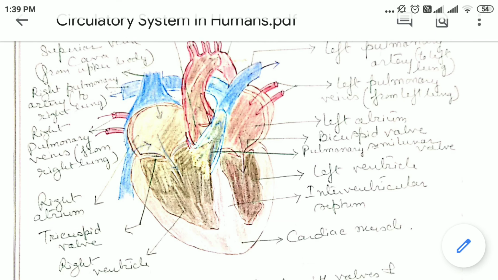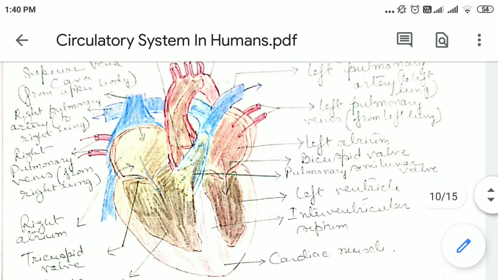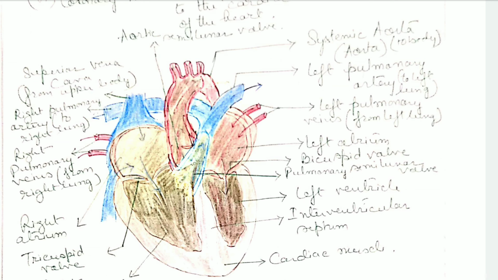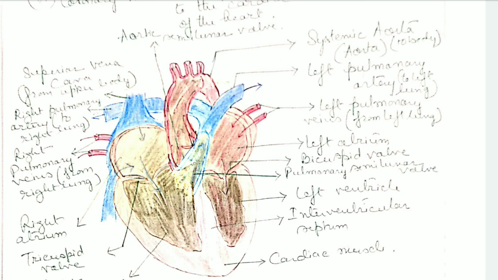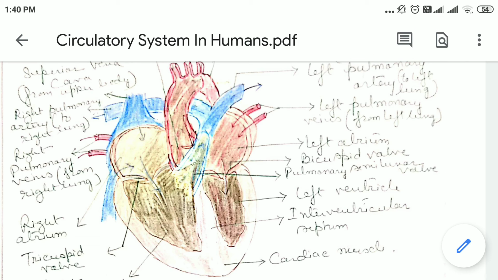And this is the pulmonary artery, blue in color, which is arising from the right ventricle. Then into the right auricle, from the top it is the superior vena cava, and from below it is the inferior vena cava, pouring the blood inside the right auricle.